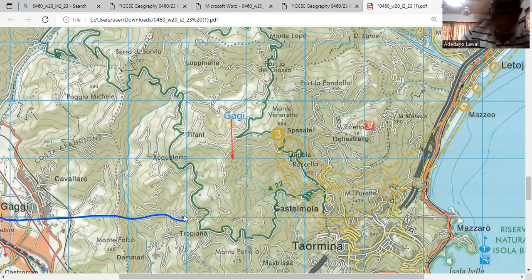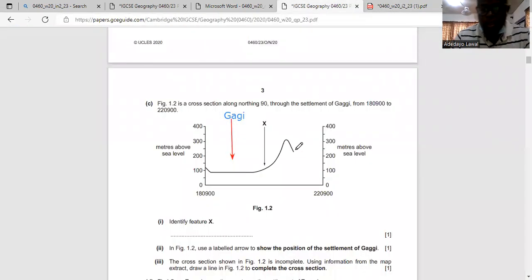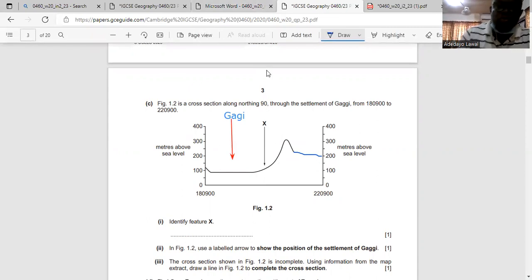So since I know that this line is 200, how do I now join it? Just come here and make sure it doesn't go below 200. This is 200 meters above sea level. Make sure it doesn't go below 200.